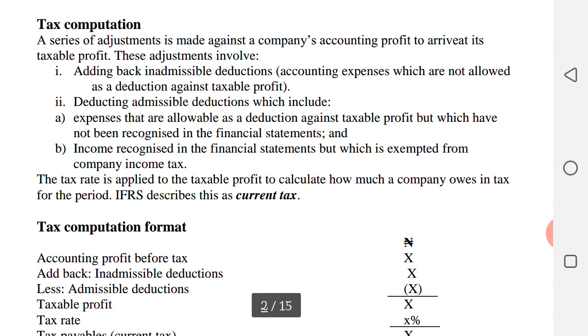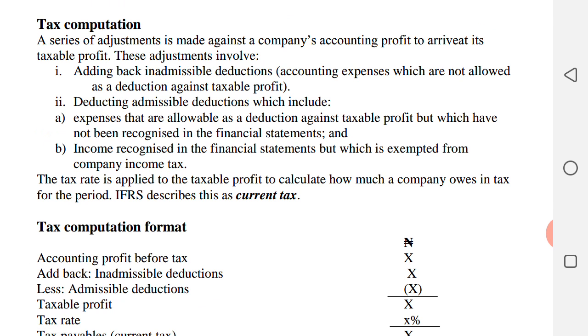Now, tax computation. Let me draw our attention back to tax computation. That means how we compute tax in our taxation. This is based on the jurisdiction of the country the entity is operating in.